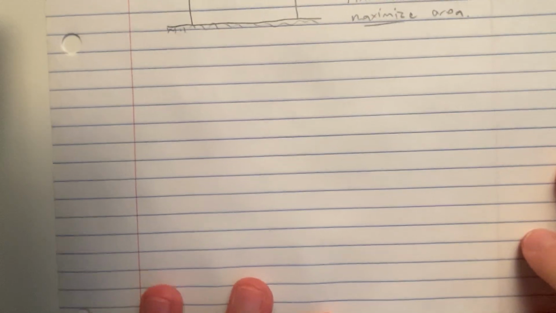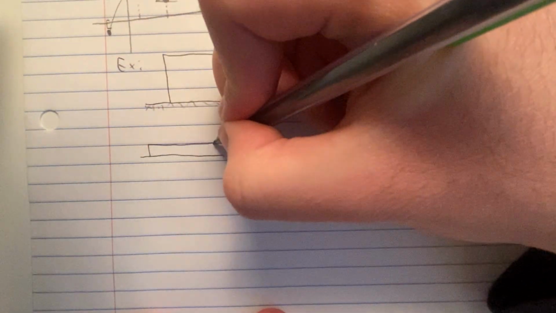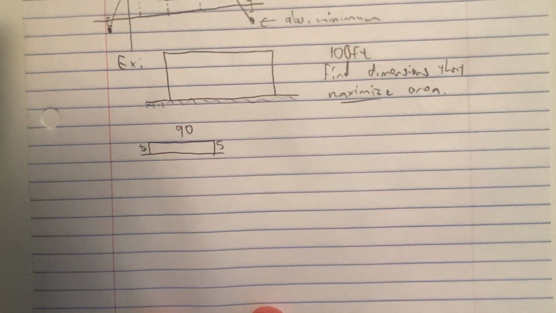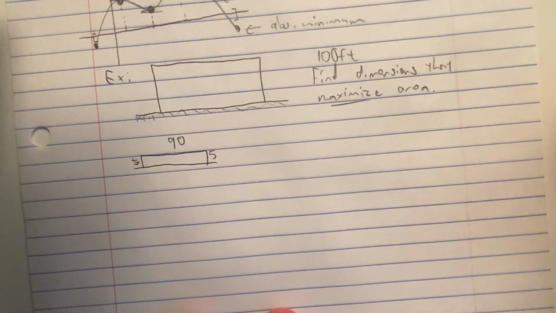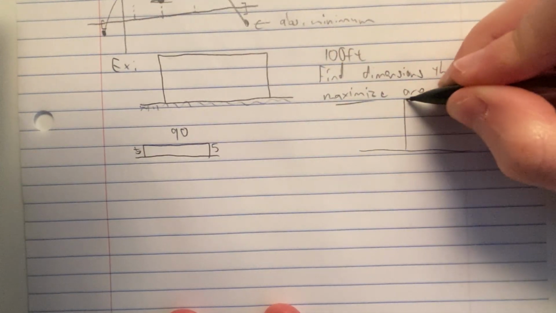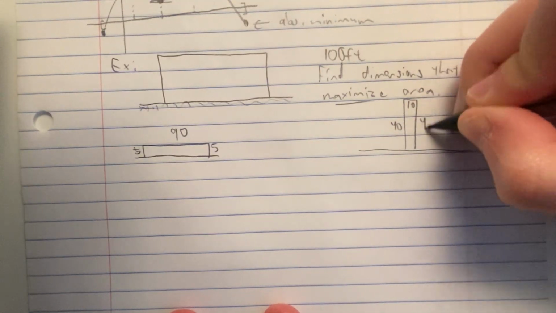Now, when I try to do a problem like this, I like to work out some examples. So one thing we could try is a fence that goes like 5, 95, 5. Maybe towards the other extreme, we could have something like 40, 20, 40.